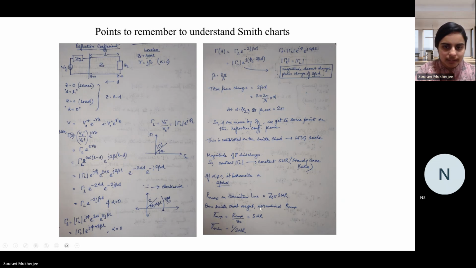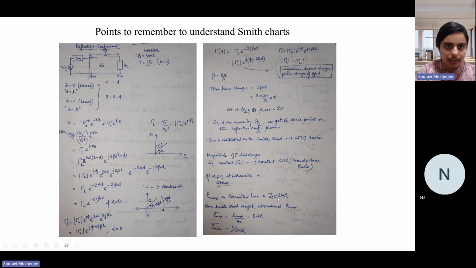Now one thing to remember: when I solve some questions, I think it will be clearer. But if you have some circle, how do you say what is the maximum value of the resistance on the transmission line? That is given as Z naught into the standing wave ratio.